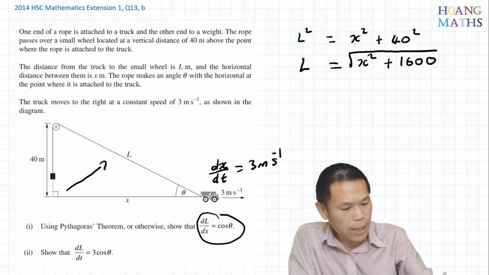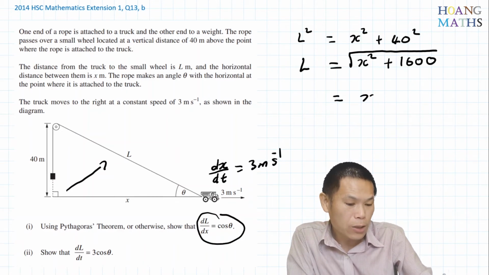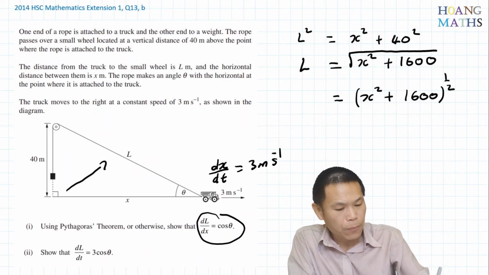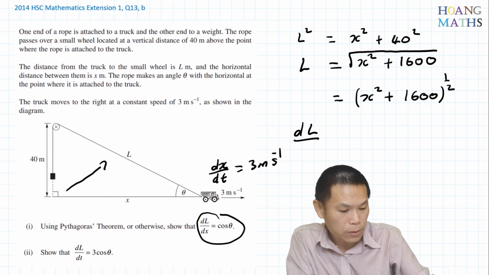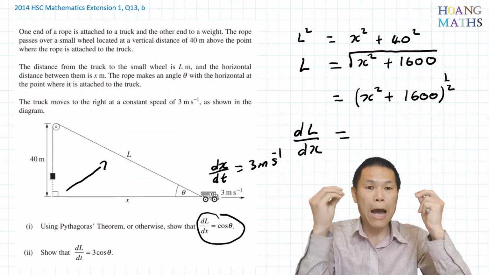So dL/dx, let me just write this in index form first. So (x squared plus 1600) to the power of a half. Then we differentiate this. We just use the power and angle trick.